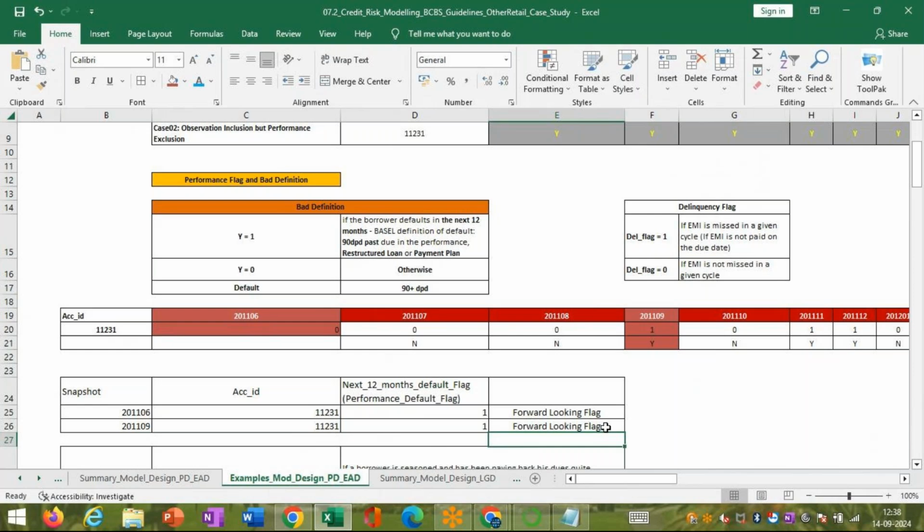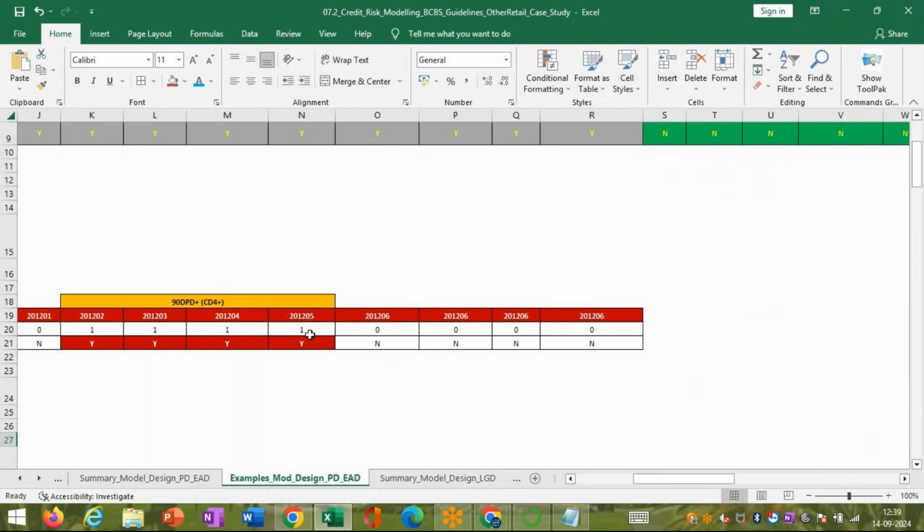And the flag is a forward looking flag. So in 2011-06, the account has defaulted, and then from 2012-06, 2012-07 onwards, this account has kept on being very proper, and it had started paying back from 2012-06.